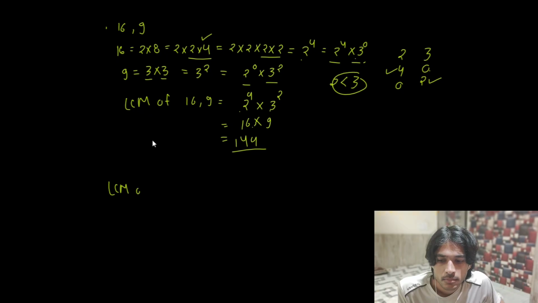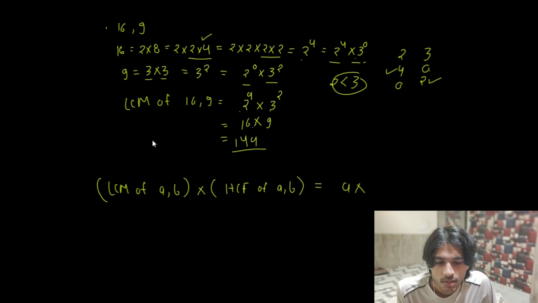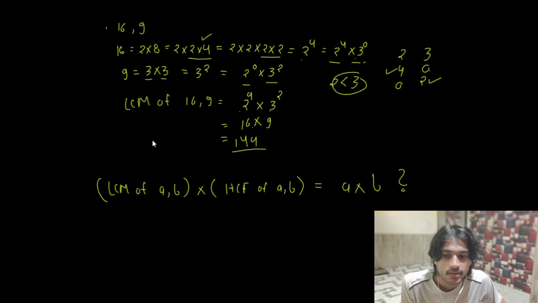LCM of A and B, whatever this is, if we multiply this with HCF of A and B, we will get A multiplied by B. Now, I'm not saying that this statement is correct. I want you guys to check whether this statement is correct or not.